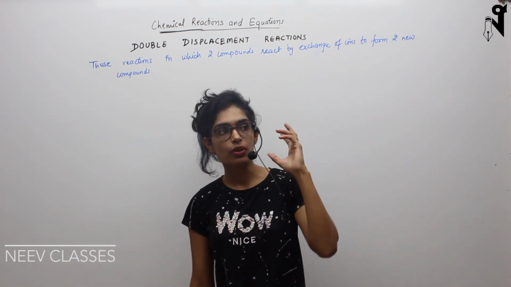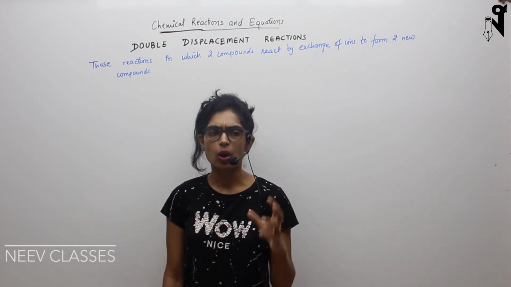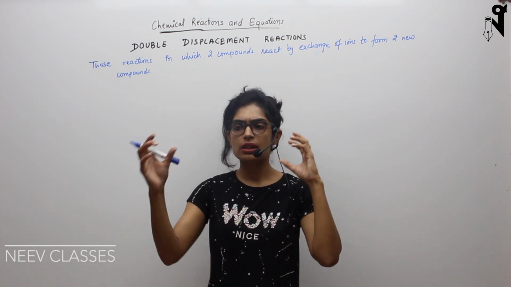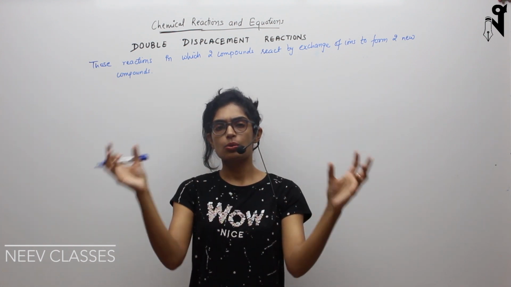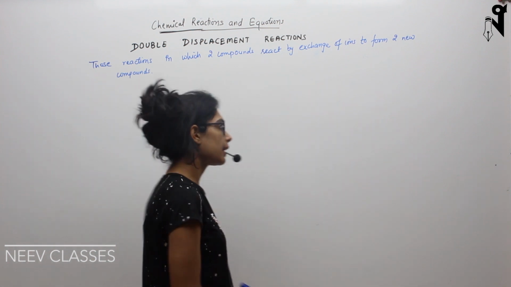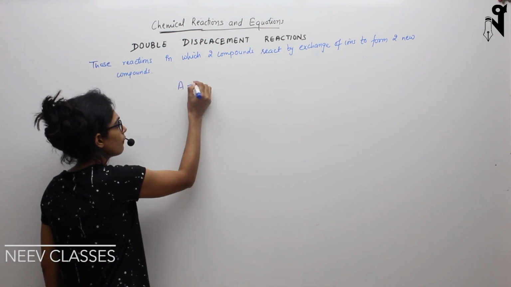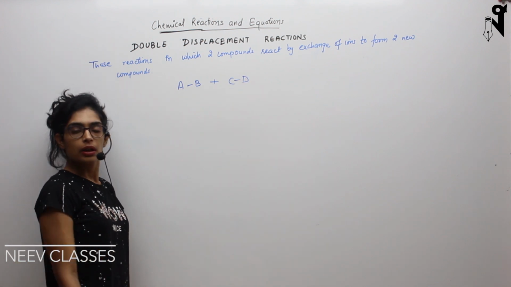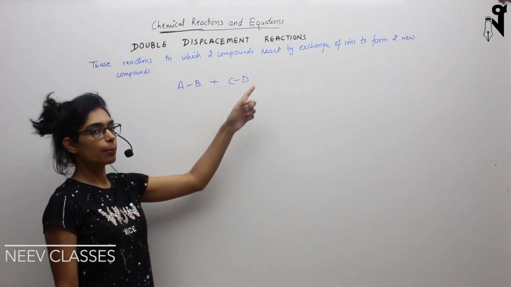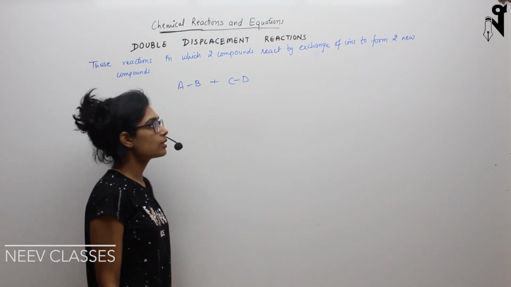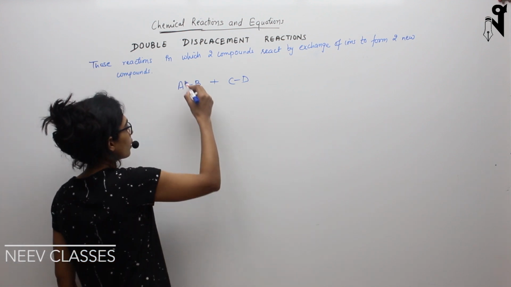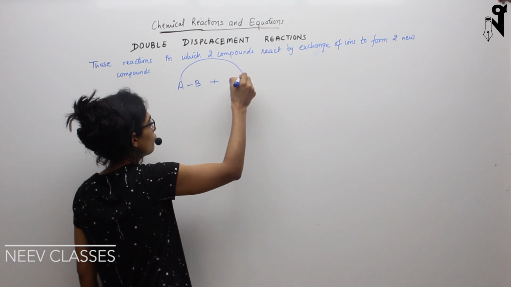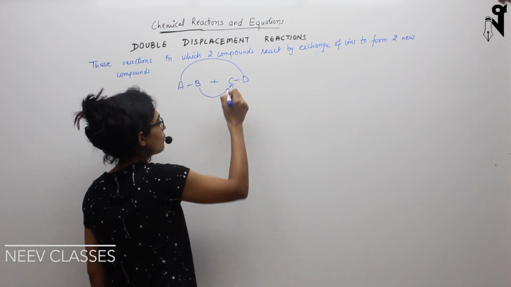Now when the word says double displacement, that automatically gives us a hint that two things are displacing two other substances. So what exactly happens over here, let's say I have AB and I have CD. So displacement doesn't happen with just one pair, displacement happens with both the pairs. Basically, A goes along with D and B goes along with C, forming new bonds.